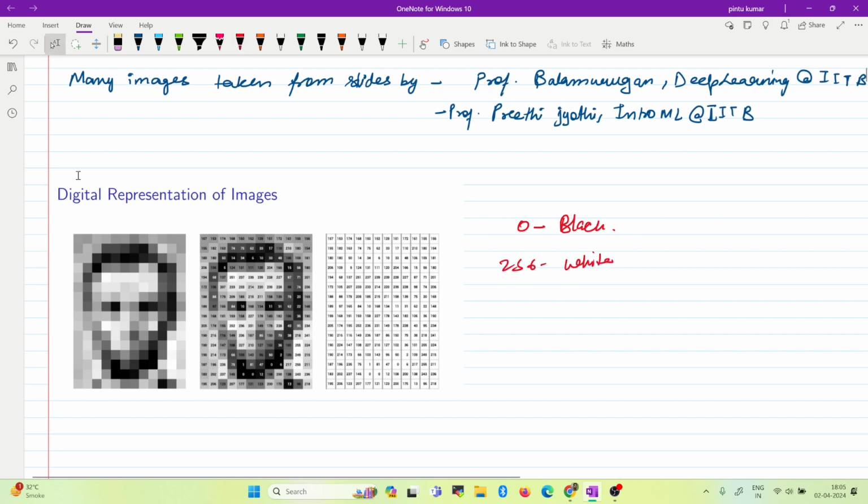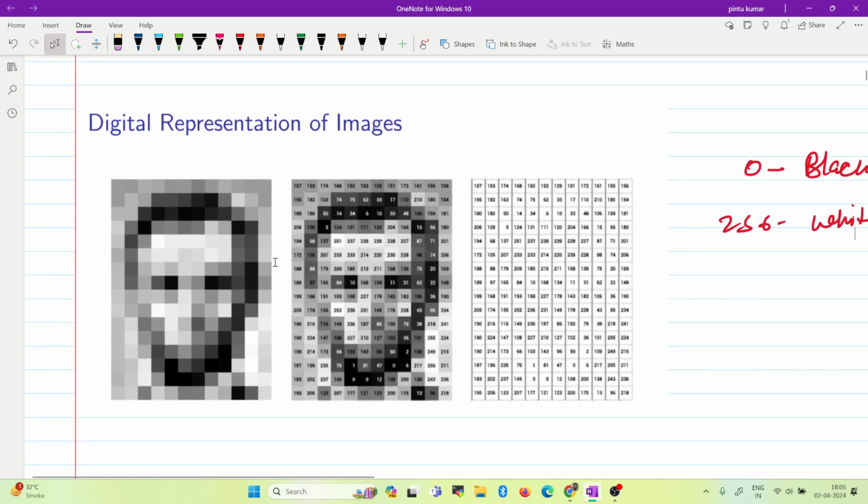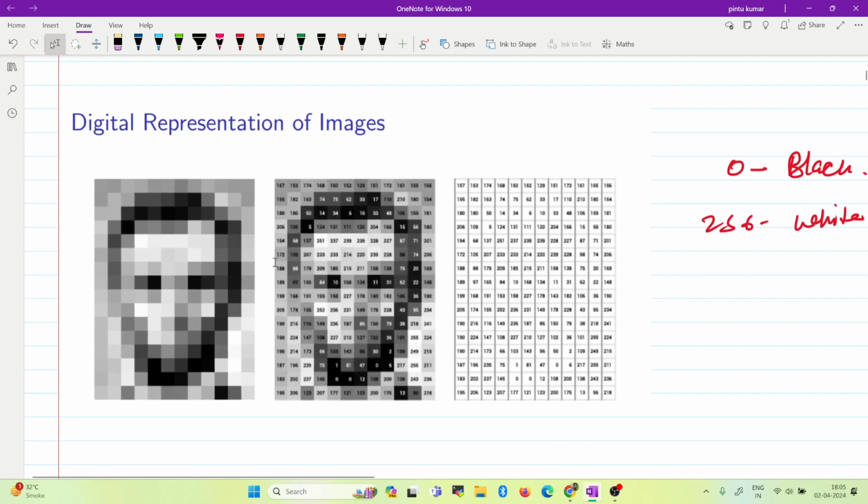This image is generated by numbers between 0 and 256 denoting how dark or how bright it is. You can break your images into pixels, and every pixel can be represented by a number. So an image is nothing but an m cross n matrix.